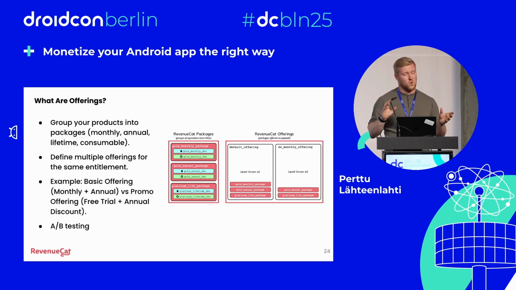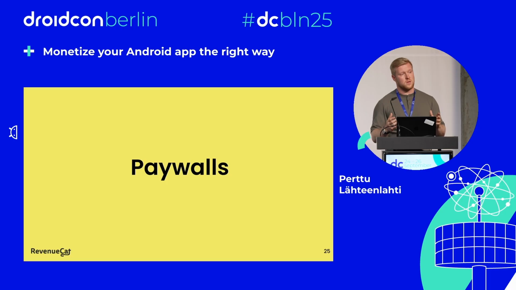Are users more willing to pay for a monthly or weekly subscription, for example? And you can then make decisions based on that as to which offering to use. And our APIs allow you to change these on the go, so you don't have to make new releases. The most common way to show different offerings is using paywalls.